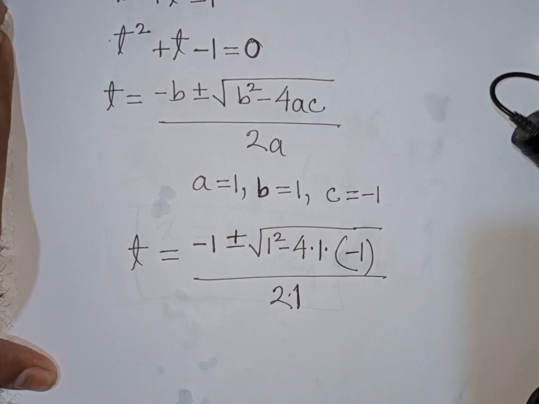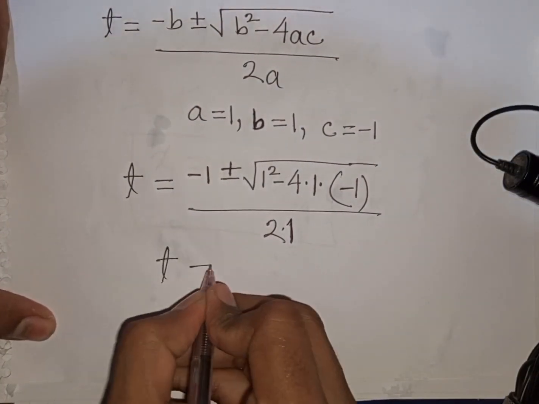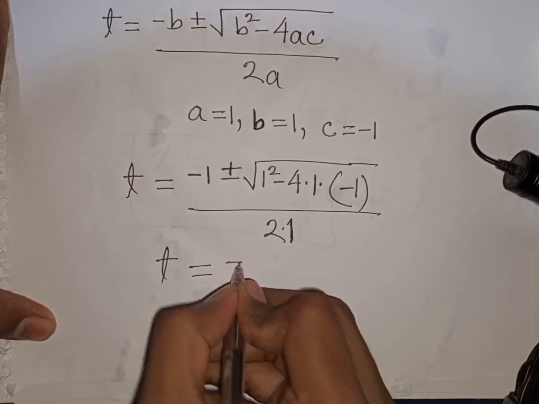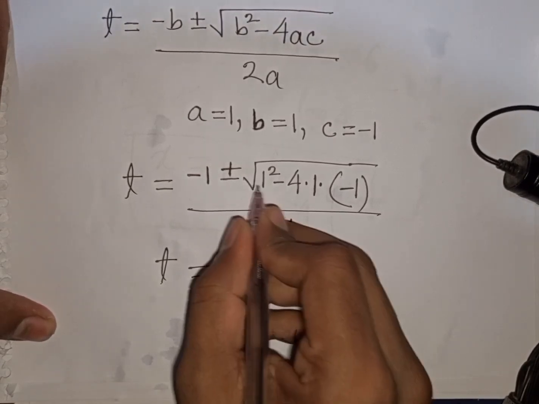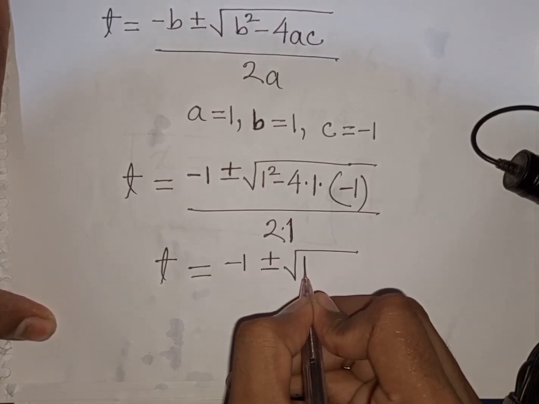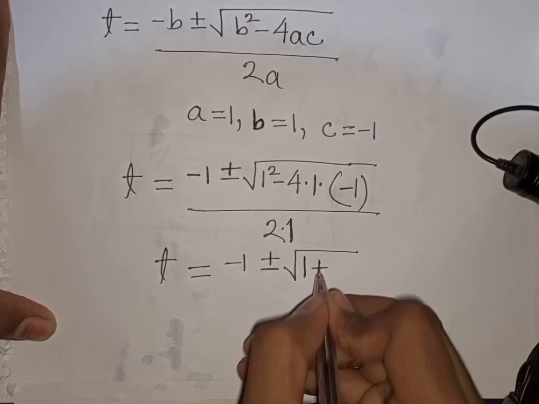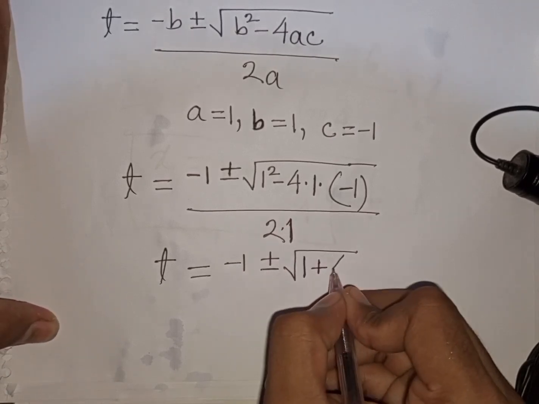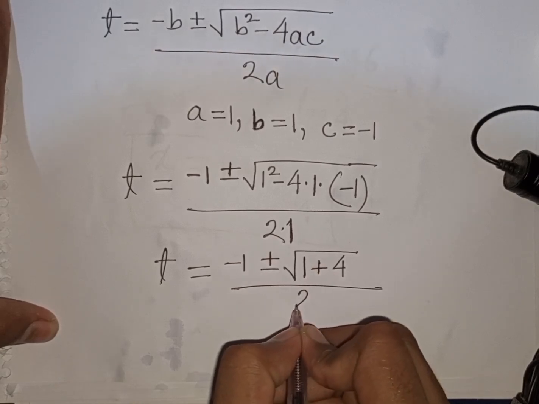Now, I can write t is equal to minus 1 plus or minus a square root of 1 square is same as 1, then minus times minus means plus, 4 times 1 times 1, that means 4, divided by 2 times 1, that means 2.